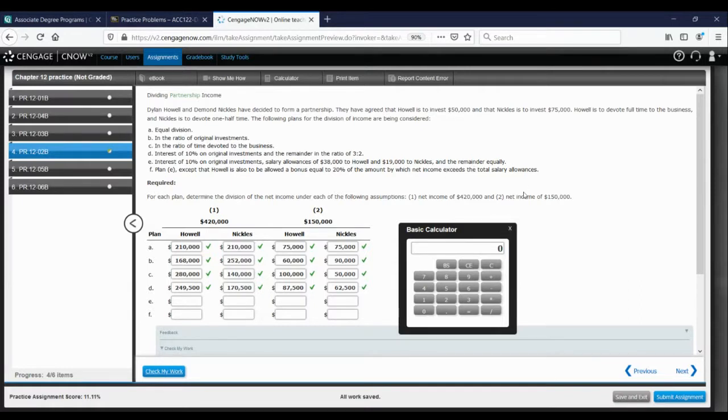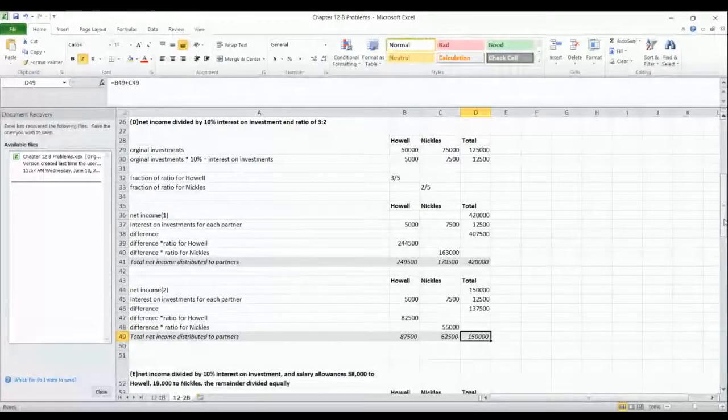So again, I'm going to stop sharing and I'm going to take you to the Excel spreadsheet. All right, you should be able to see the spreadsheet now.